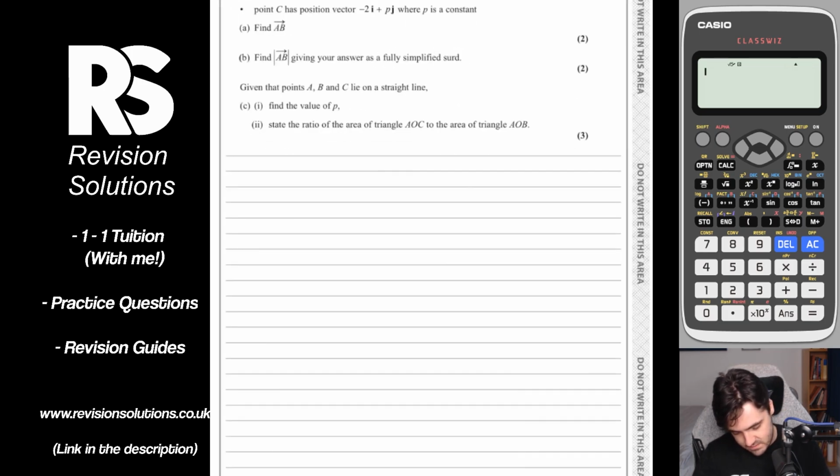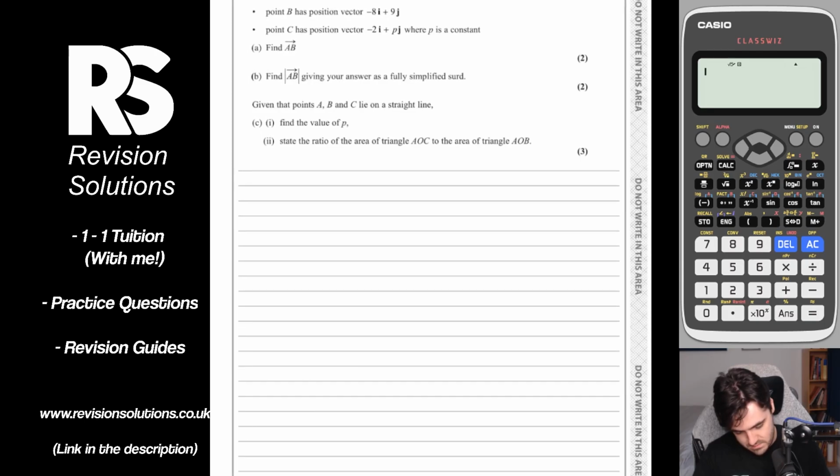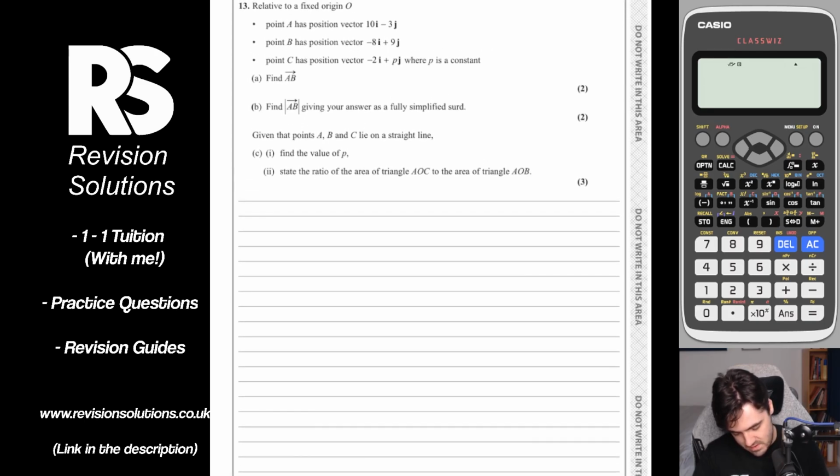But to find the vector AB, we simply subtract some position vectors. So AB for part A is going to equal OB minus OA, which is minus 8i plus 9j minus, brackets so I don't make a mistake, 10i minus 3j.